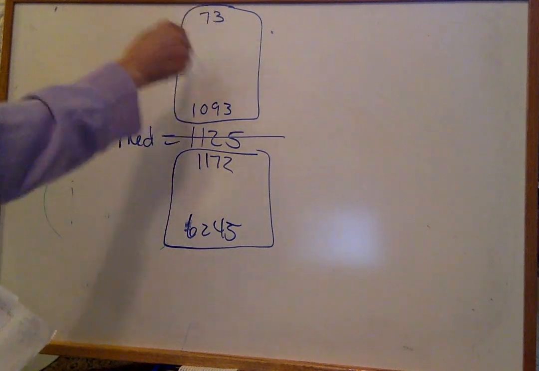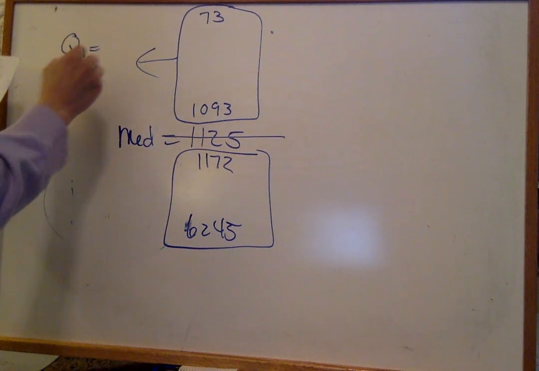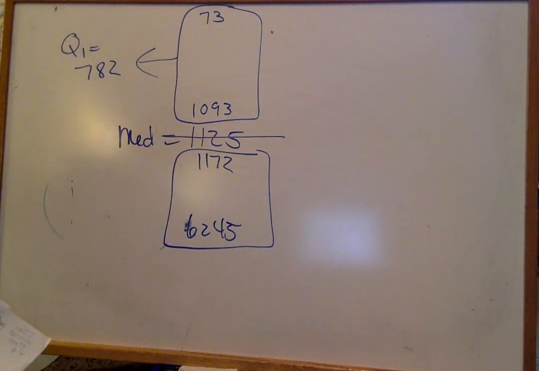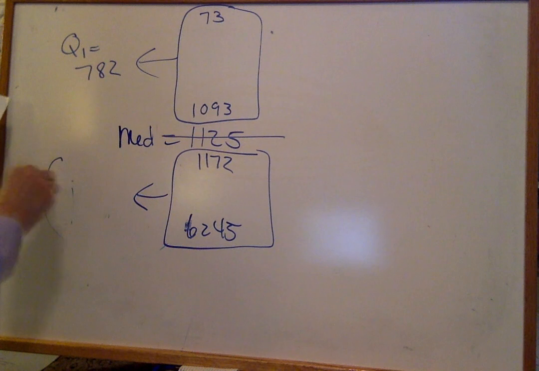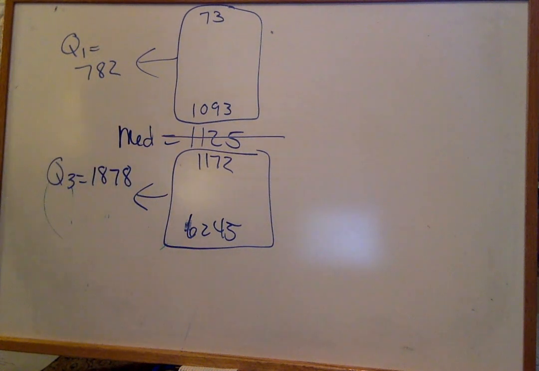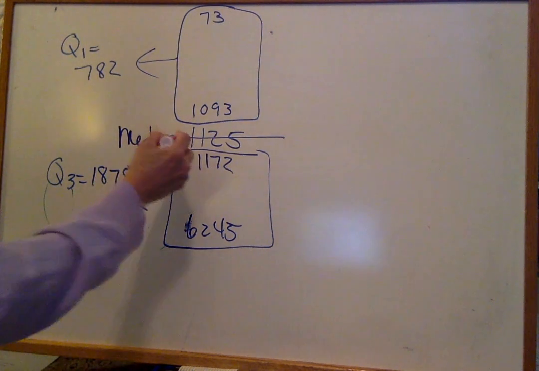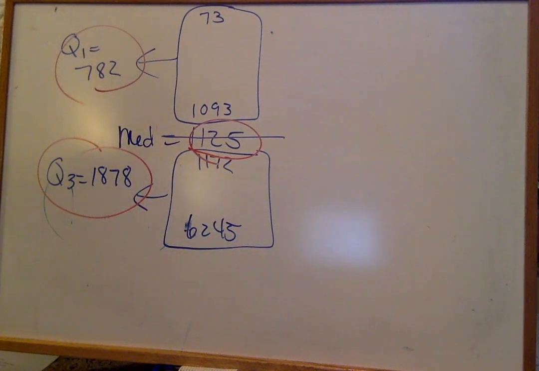So if you find the median there, you should find that Q1 is 782. And if you find the median there, you should find that Q3 is 1878. Okay, so make sure you see how I got those three numbers.